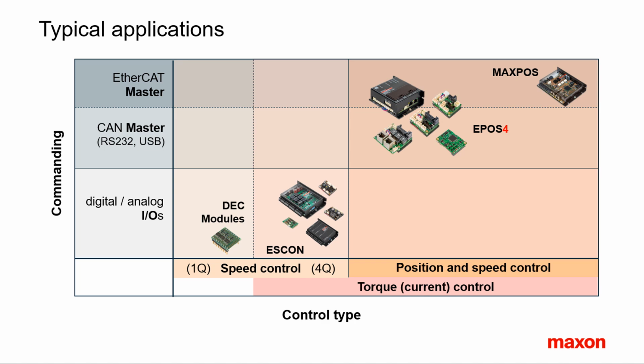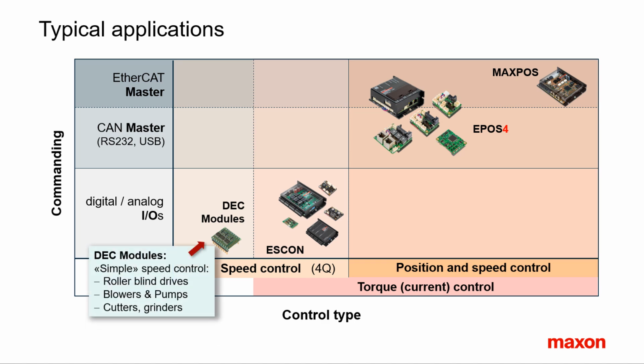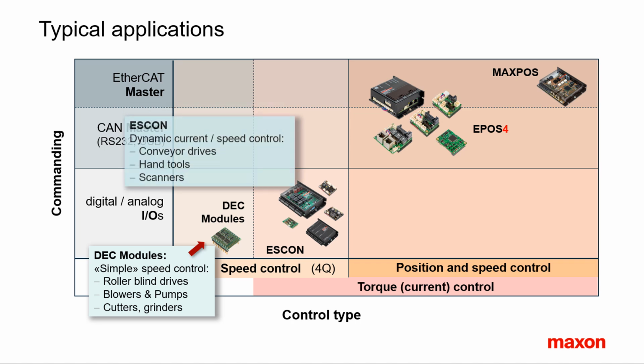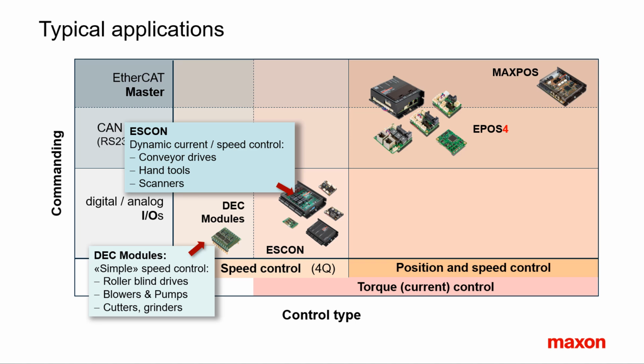As a summary, what are typical application fields for the maxon controllers? The DEC is a simple speed controller, typically used for applications such as roller blind drives, blowers and pumps, or cutting and grinding devices. The ESCON is a very versatile dynamic current and speed controller.